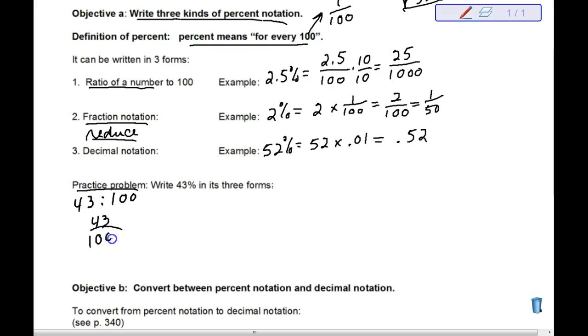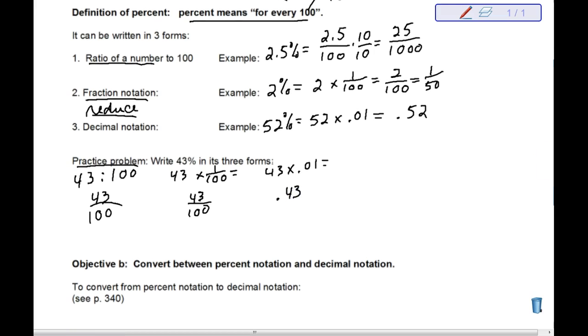A ratio can be written like a fraction. It could be 43 times 1 over 100, and that would turn into 43 over 100. It could be 43 times 0.01. It's going to turn it into its decimal form. That would make it 0.43.